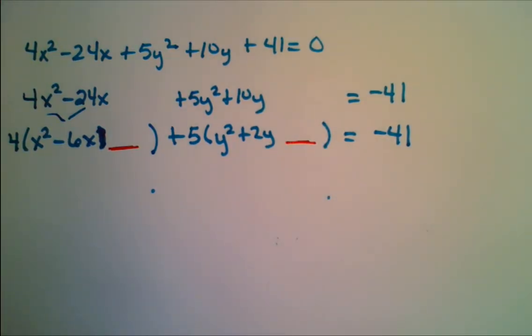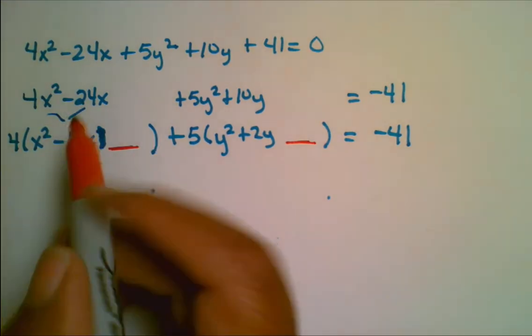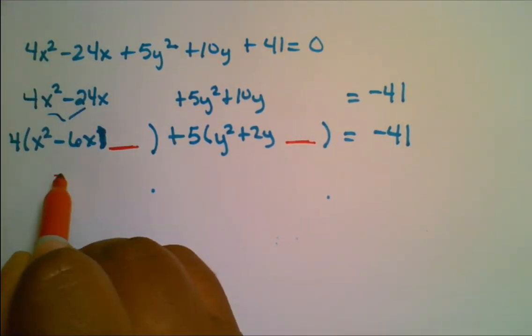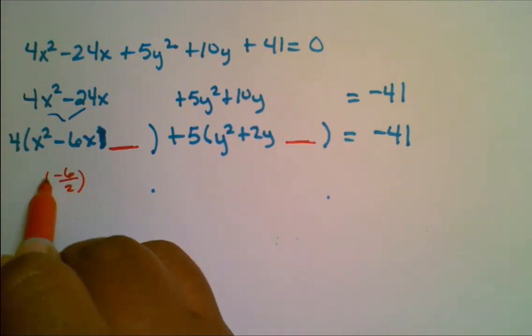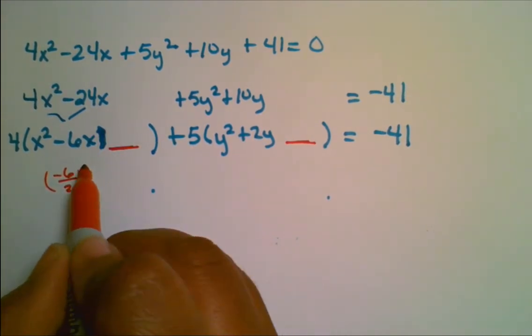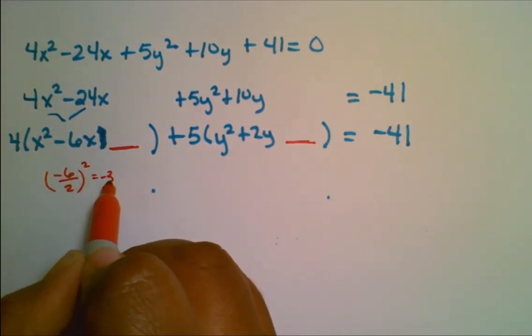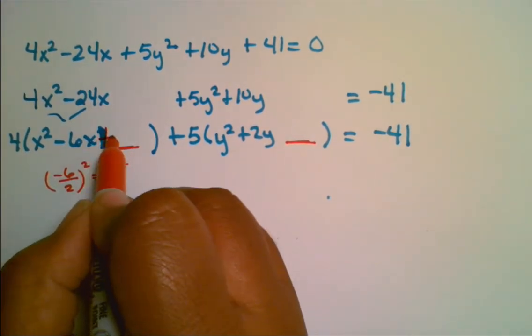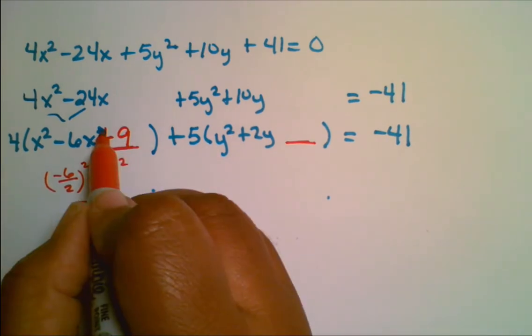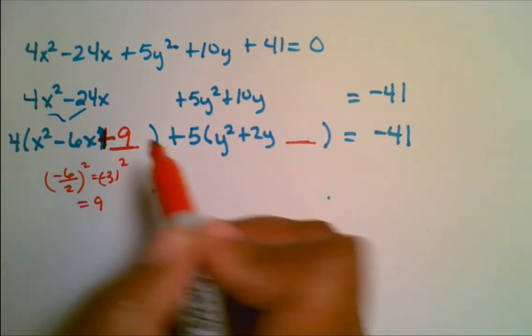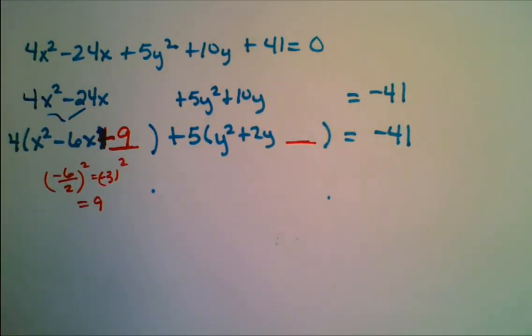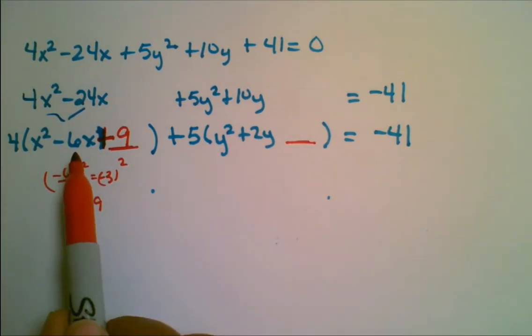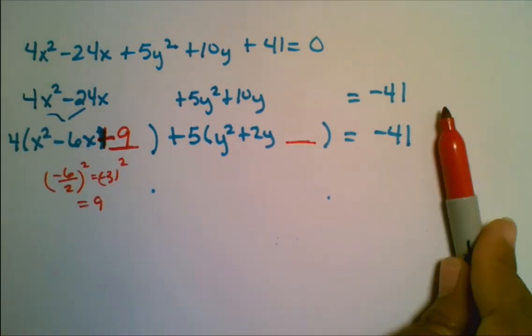Okay, so as we complete the square, we're going to take half of the middle term. So take half of negative 6, squared: we have negative 3 squared, which gives us 9. So we have plus 9 here. But remember, when we complete the square, what you add on one side, you have to add on the other.